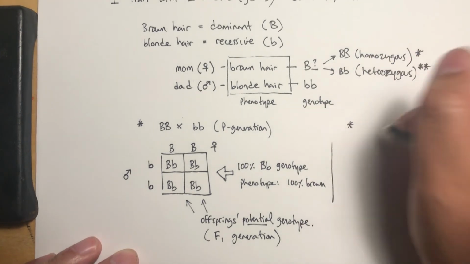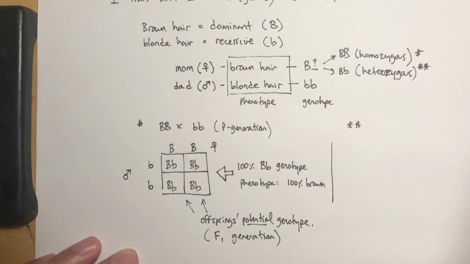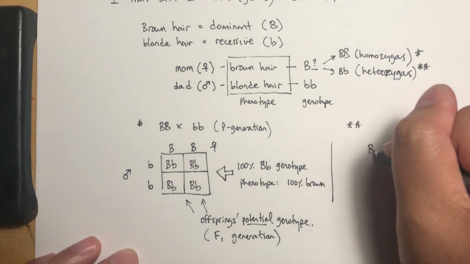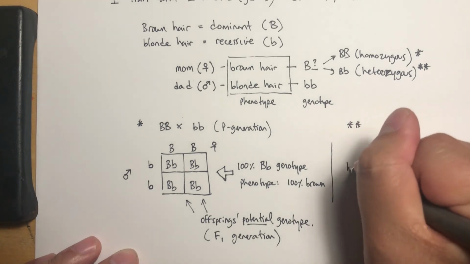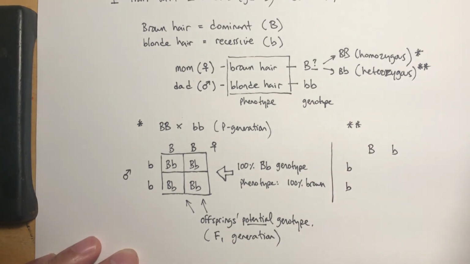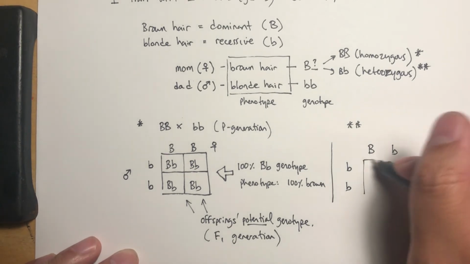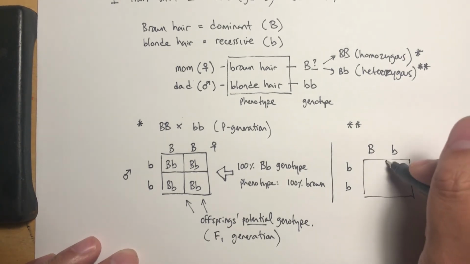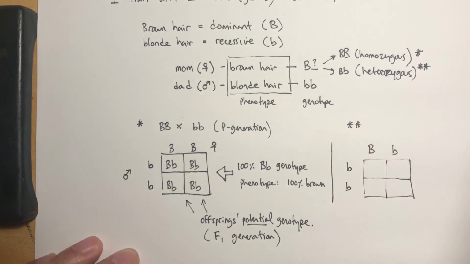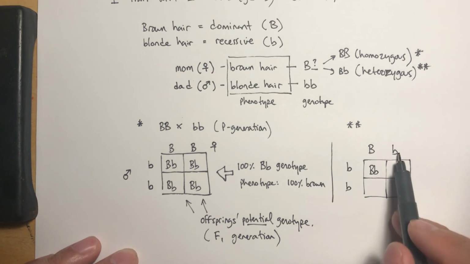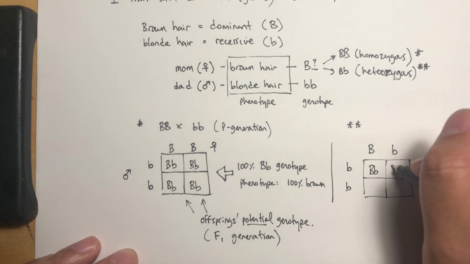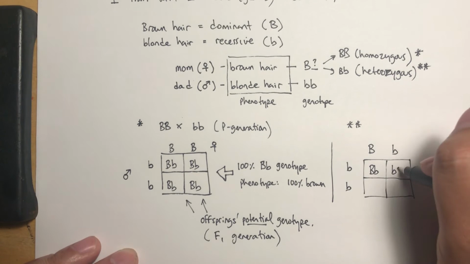So in this situation, let's set it up so that mom is heterozygous, dad remains homozygous recessive, because you can only be recessive by being homozygous recessive. So this time around, when we do the Punnett square and fill it in, we notice that mom is contributing a small b, but so is dad.